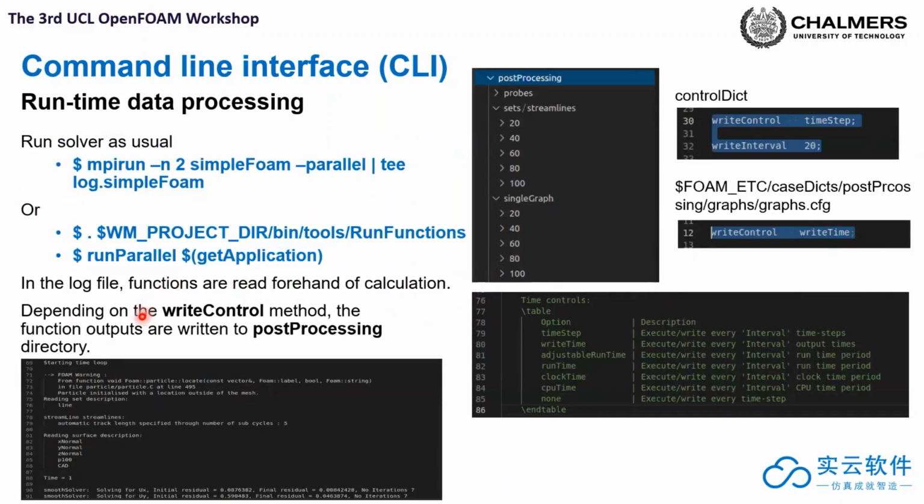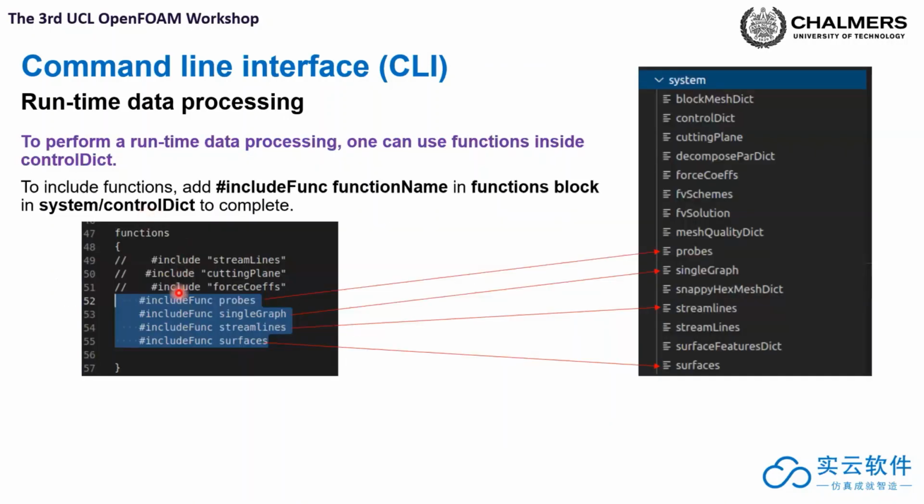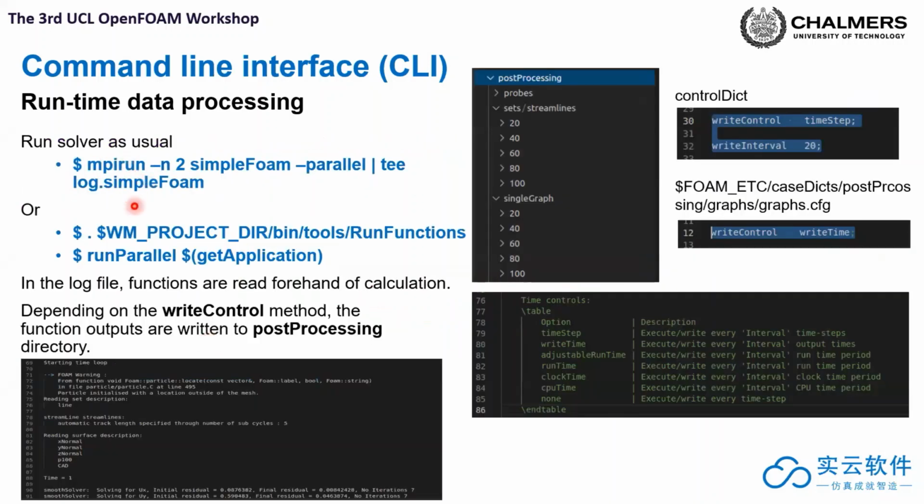So after you include the functions in controlDict, you can run the solver. In this case, since I'm using 2 processors, I use mpirun with 2 processors and run it in parallel.